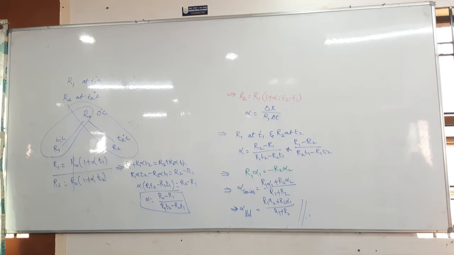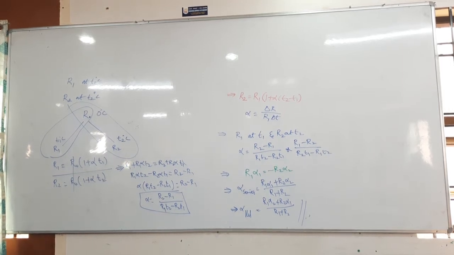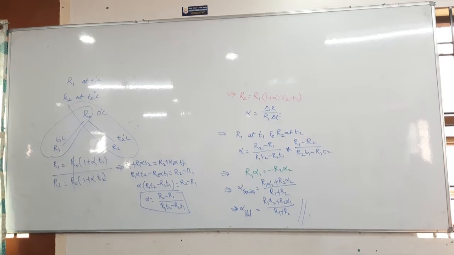The temperature coefficient of resistance of platinum is alpha equals 3.92 into 10 power minus 3 per Kelvin at 0 degree Celsius.